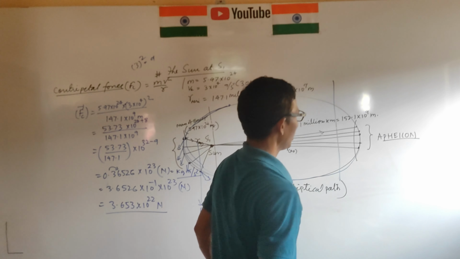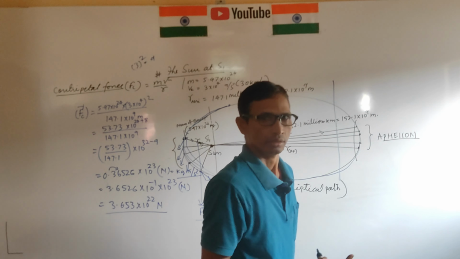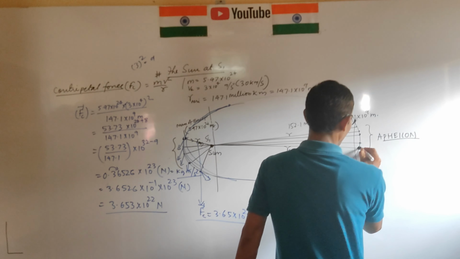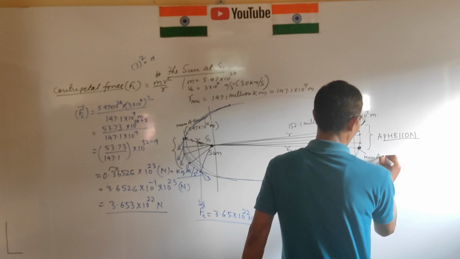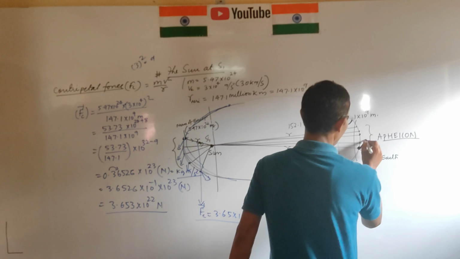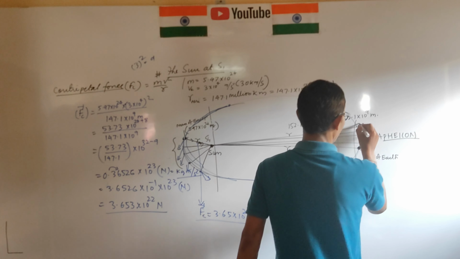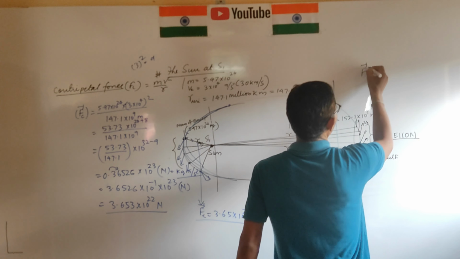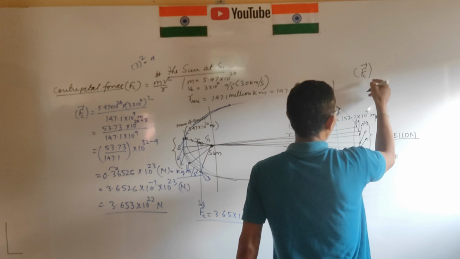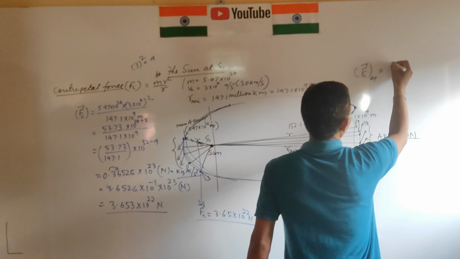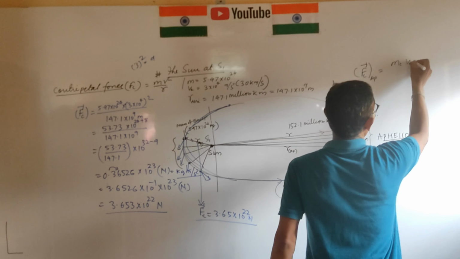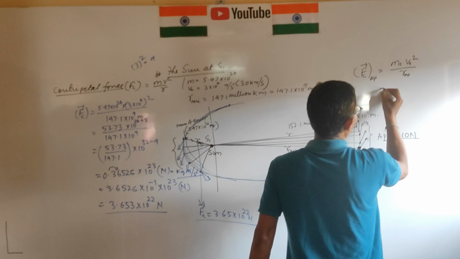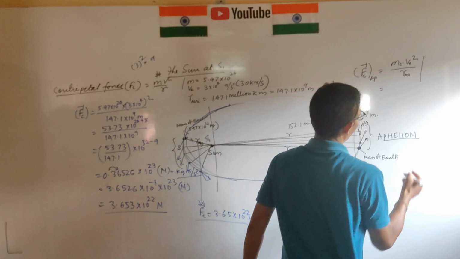Same thing, the centripetal force on the earth like this. This is the earth, the mass of earth, moving like this, and this is the velocity of earth. So the centripetal force at aphelion depends on the mass of earth, velocity of earth and aphelion distance.